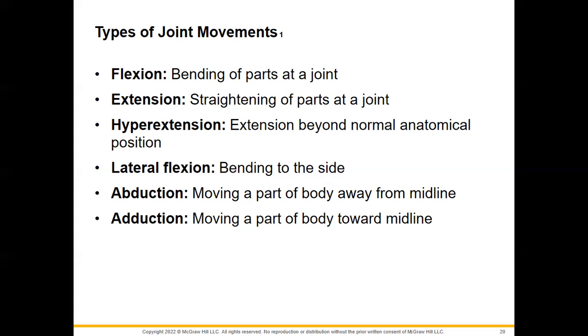If you bend your body at your hip, either toward the right or toward the left, that is lateral flexion of your hip. Now, abduction and adduction. When you go to the gym and you see the people sitting in that machine where they're either pushing their knees out against a weight, or pushing their knees toward each other against a weight, that is abduction and adduction.